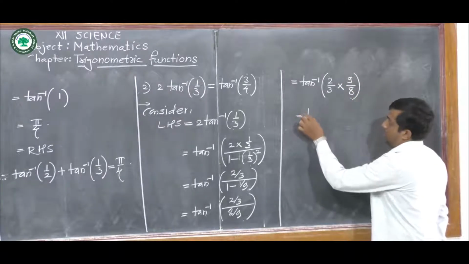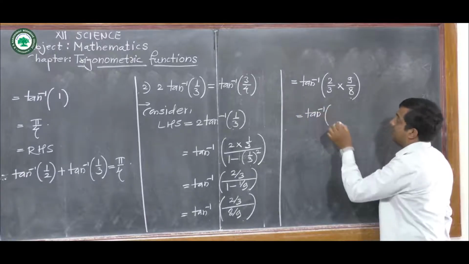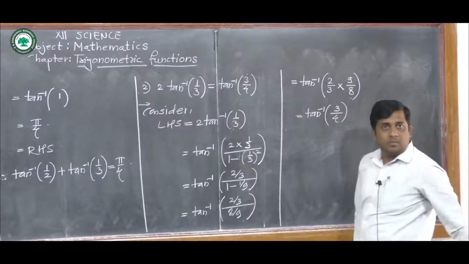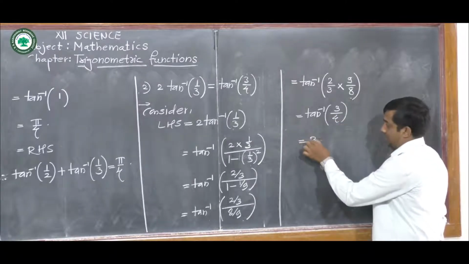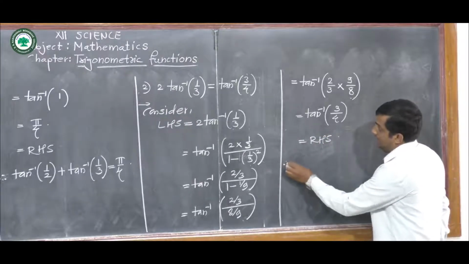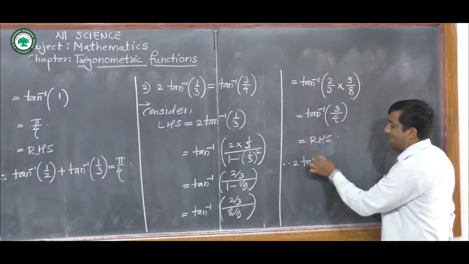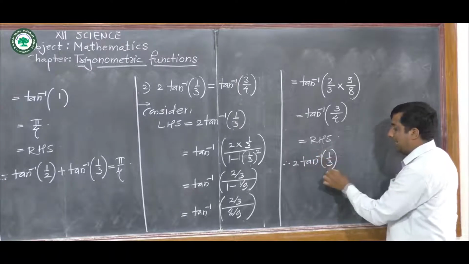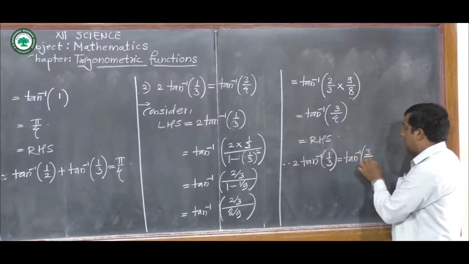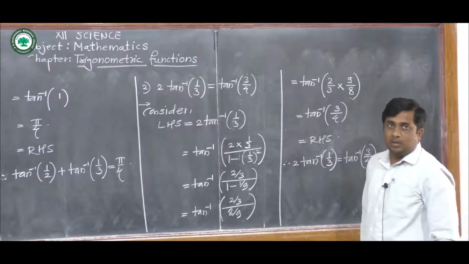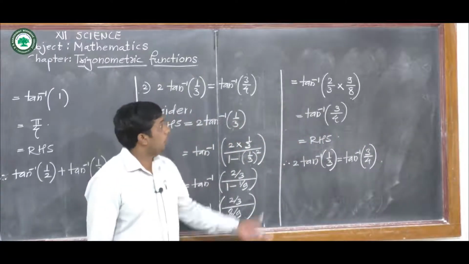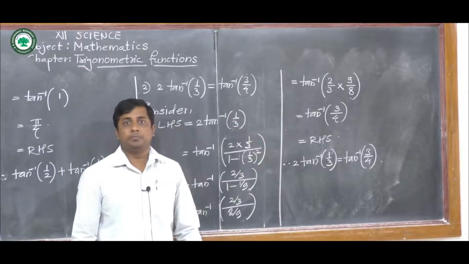This is equal to tan inverse of, inside this bracket, we get 3 upon 4, and this is our RHS. So we prove the relation that 2 into tan inverse of 1 upon 3 is equal to tan inverse of 3 by 4. So by using our property of inverse trigonometric functions, we prove this second example.